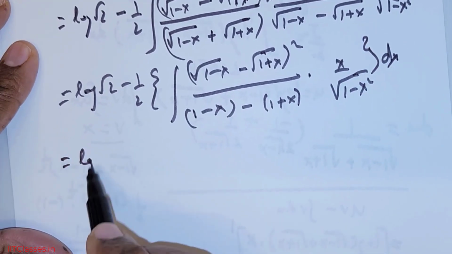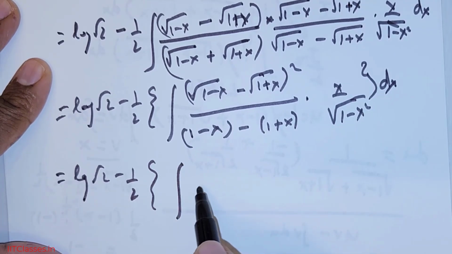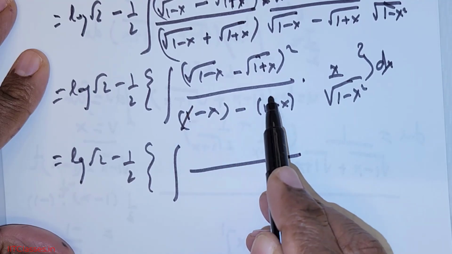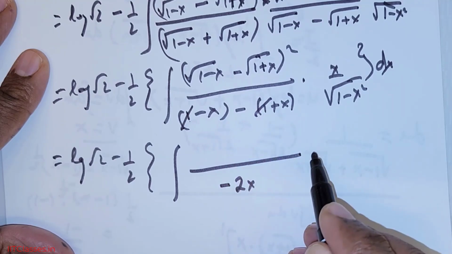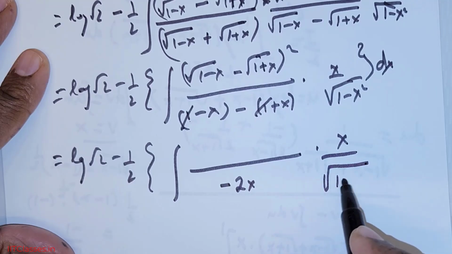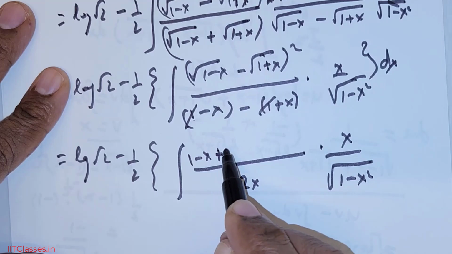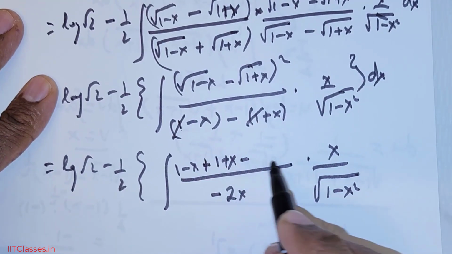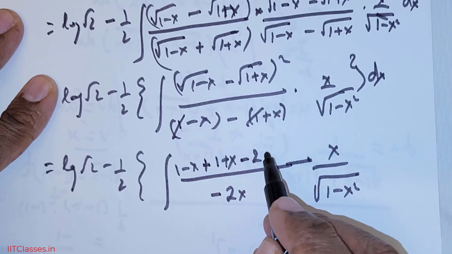So this is log root 2 minus 1/2 integral. In the denominator, you get negative 1 plus, and these two ones go away. You have negative x, it's going to be negative 2x, and you have x here, so root of 1 minus x squared. You square this, you get 1 minus x and 1 plus x, and then you have a negative 2 times root of 1 plus x times 1 minus x.